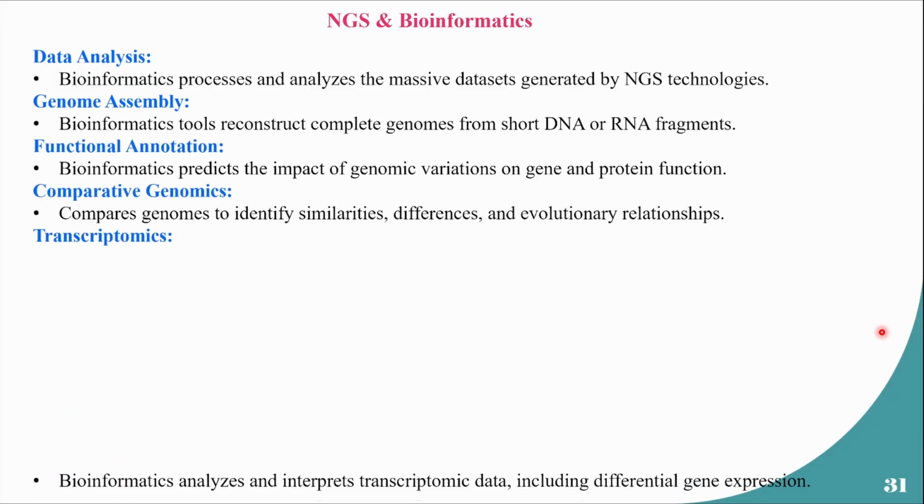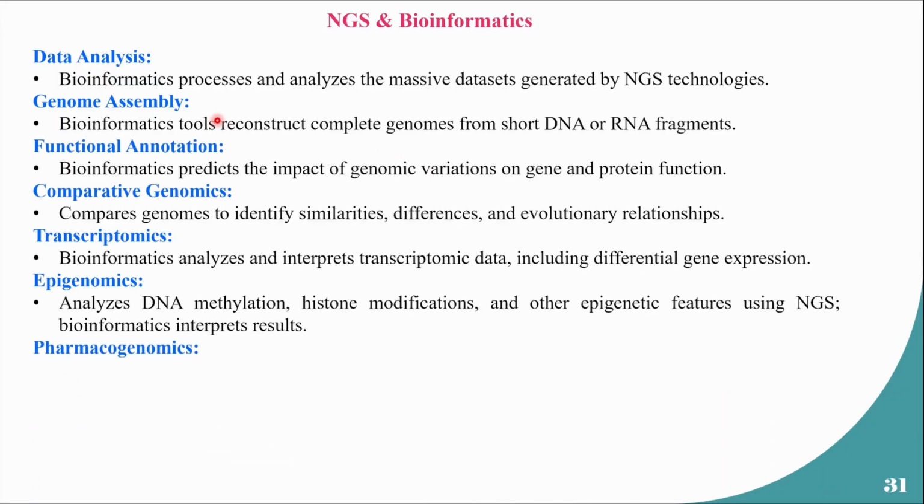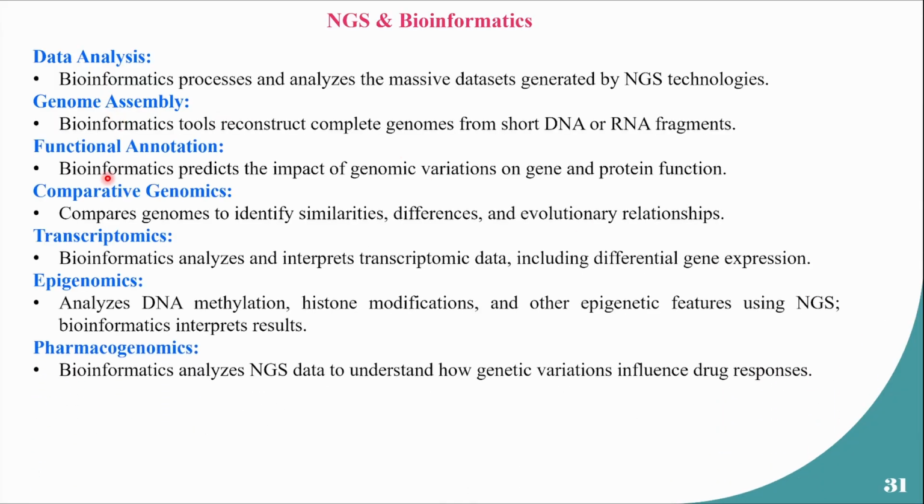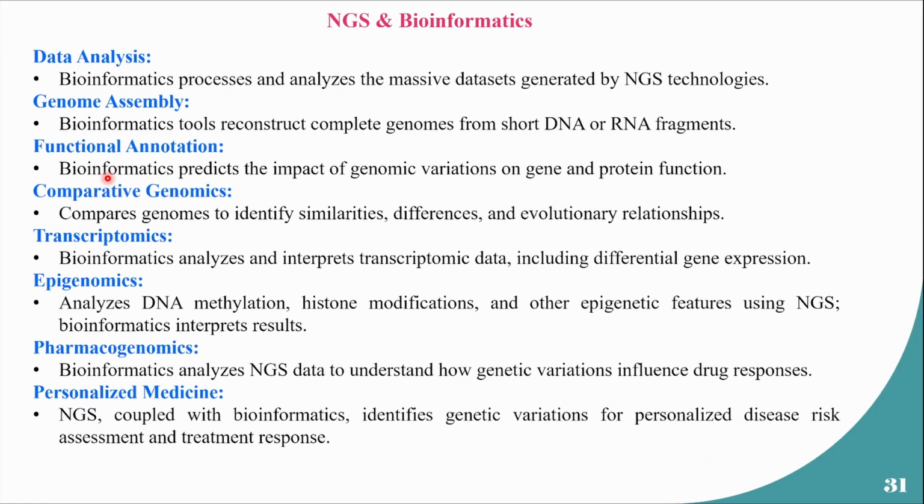So from NGS, you can do, of course, the data analysis. You can do genomic assembly analysis, functional annotation. You can compare genomic data, transcriptomics, epigenomics, pharmacogenomics, so relating that with pharmacological data. So how genetic variation can influence the performance of certain drugs, those kinds of analyses, and also personalized medicine.